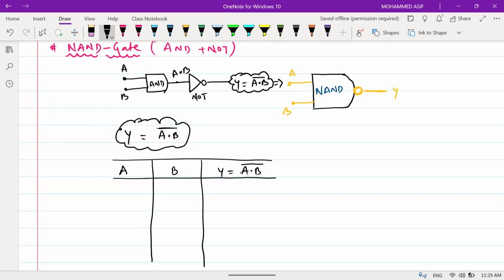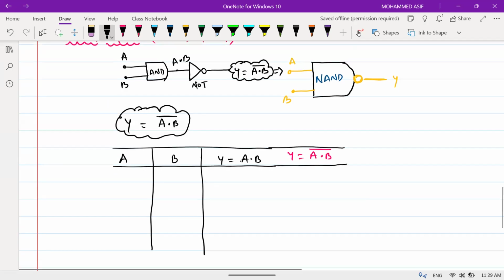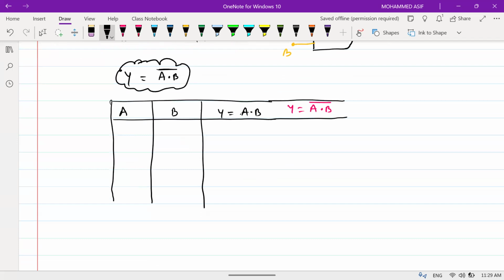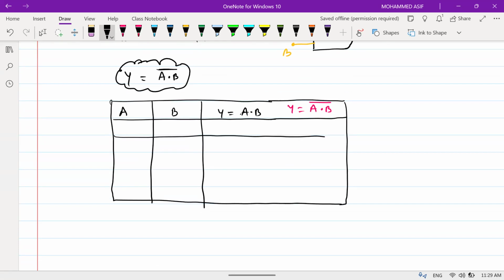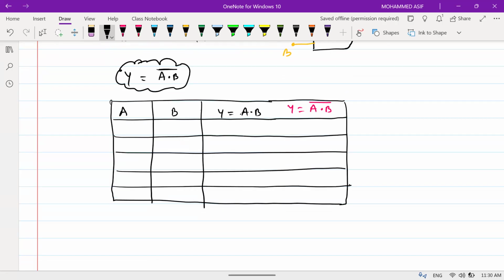Okay, I'll write it in a little more detail. I'll remove this one here, and here I'll take Y is equal to A dot B bar.